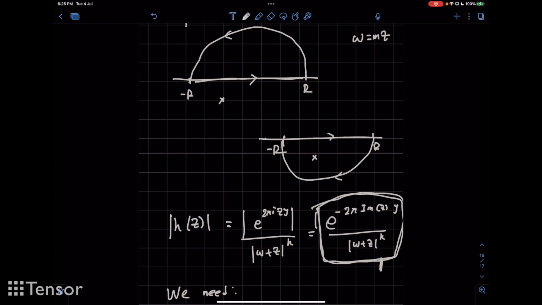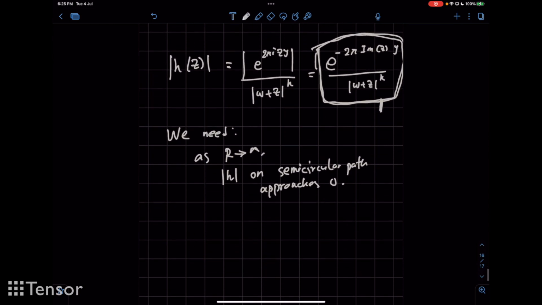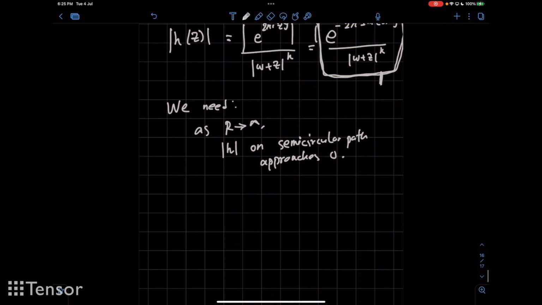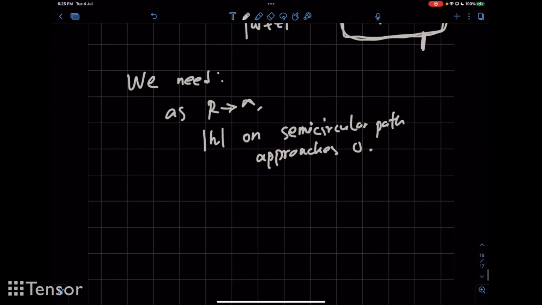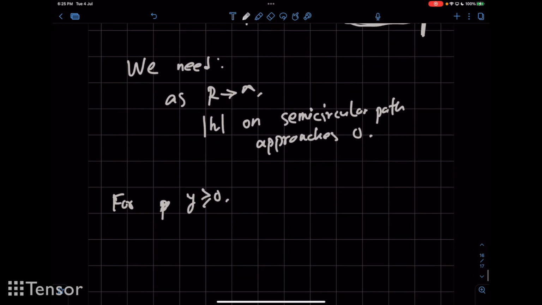Yeah, for y positive. So for positive y, we have e to the negative 2 pi times the imaginary part of z times y.